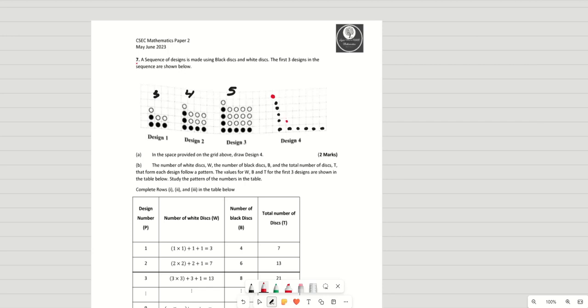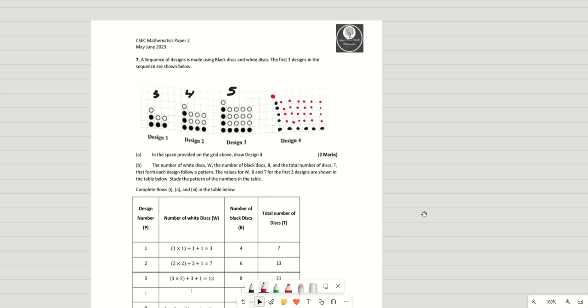So 1 2 3 4, 1 2 3 4, 1 2 3 4. Let's just do it quickly. Something along those lines should be the answer, and that would be design 4.